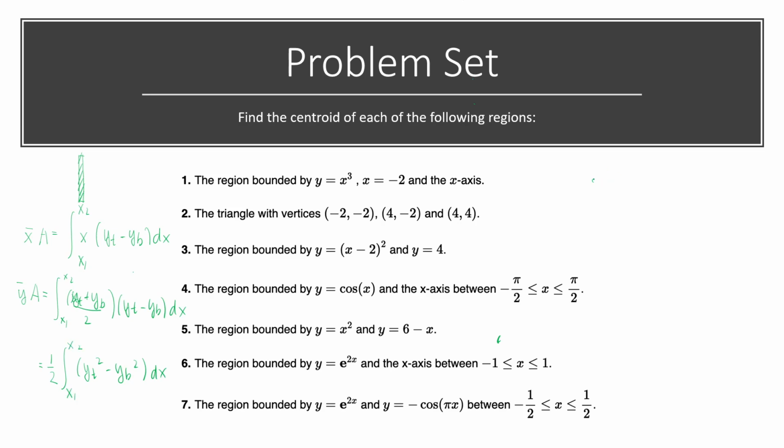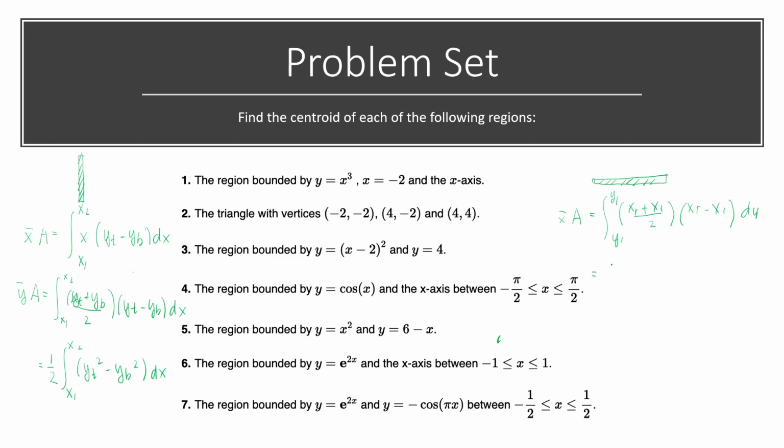Now on the horizontal strip, notice the difference. In bar x, this is now the one using the midpoint theorem: the integral of (x right minus x left) dy from y1 to y2.